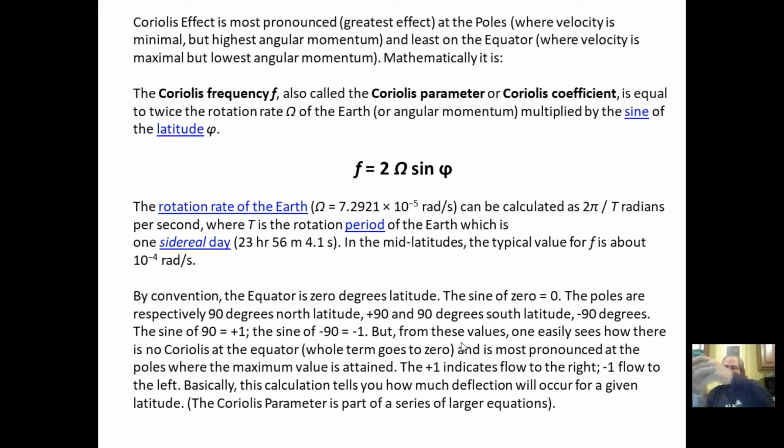Whereas if you're on the equator, you're just spinning right around this way, as if the Earth were a cylinder. Okay?